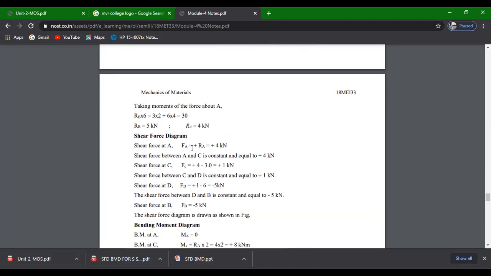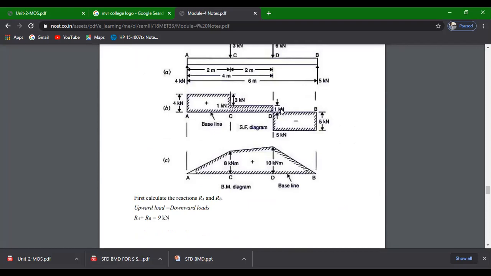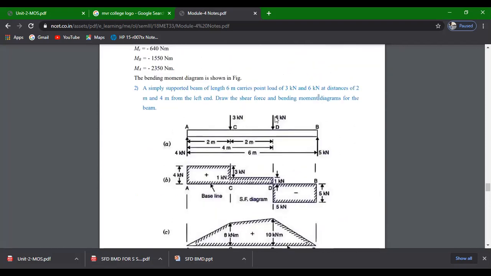At the SFD, at the point here, the reaction force will be positive 4 kilonewtons. From A to C, we have only 4 kilonewtons, and at the point C, 4 minus... why are we considering the 3?